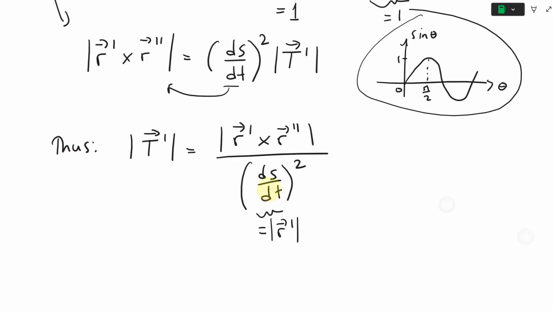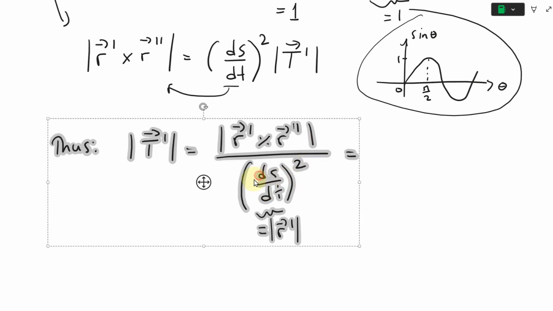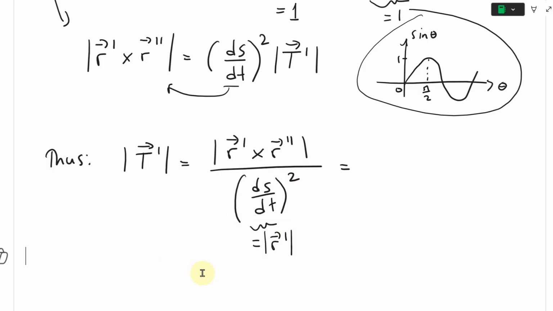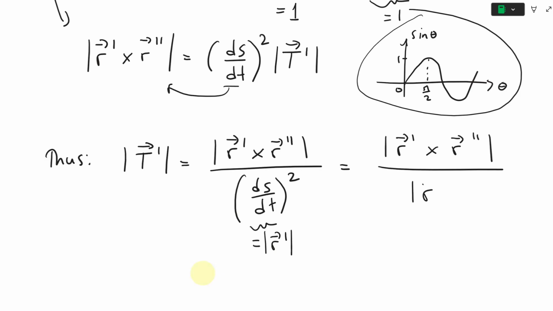So in other words, this whole thing equals, the top part is the magnitude of the cross product of the first and second derivatives of the vector function r, divided by the magnitude of the first derivative of the vector function r, squared.